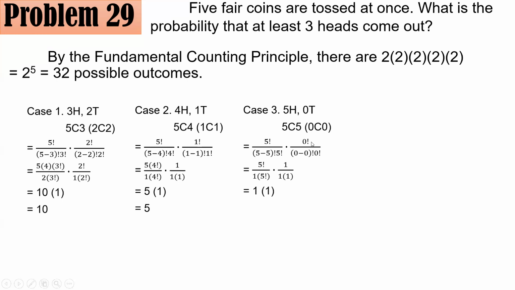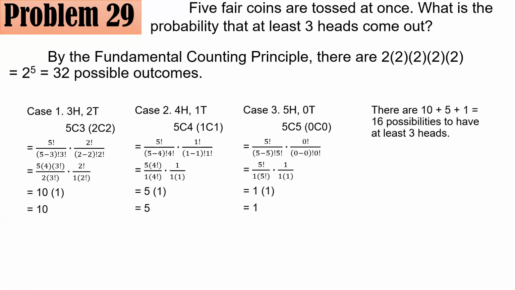And remember that 0 factorial over 0 minus 0 factorial, 0 factorial is equal to 1. Be very careful. 0 factorial equals 1. It's not 0. So you have one way to have exactly 5 heads and no tails.